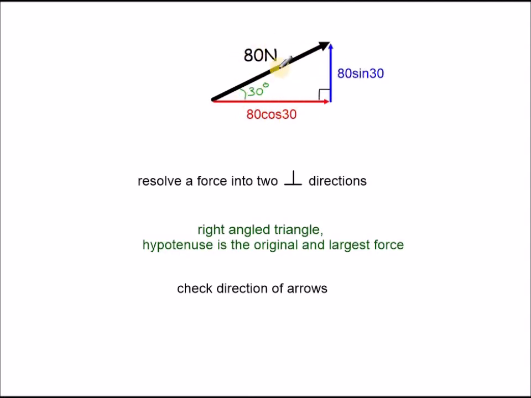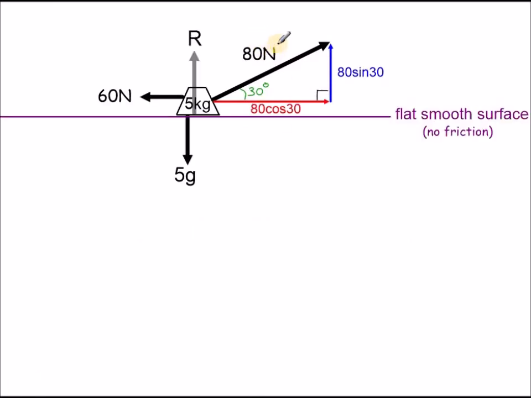In a right angle triangle, the hypotenuse is the longest side, so when we're looking at forces, the largest force is on the hypotenuse. So I have resolved the 80 Newton force into two perpendicular directions, horizontal component, vertical component. Now we can get rid of this 80 Newton force, we don't need to consider that anymore.